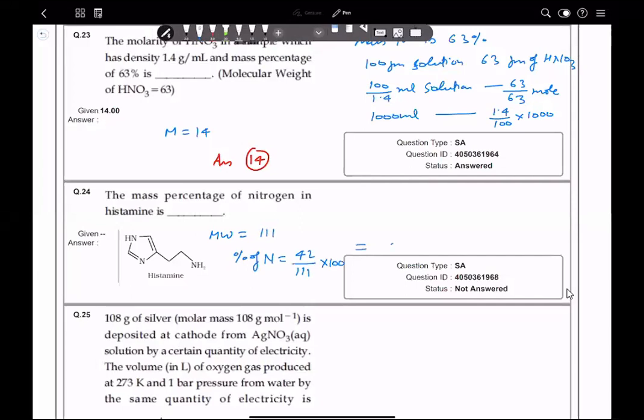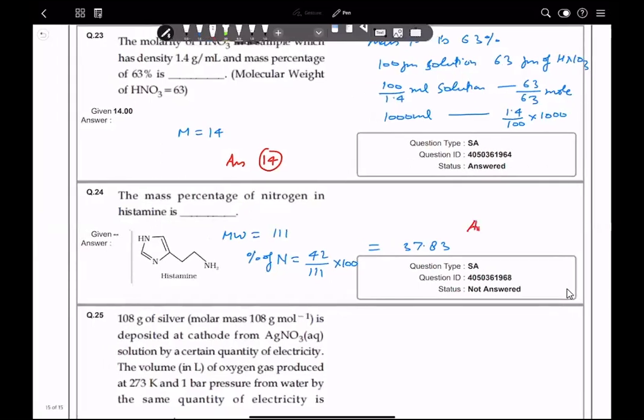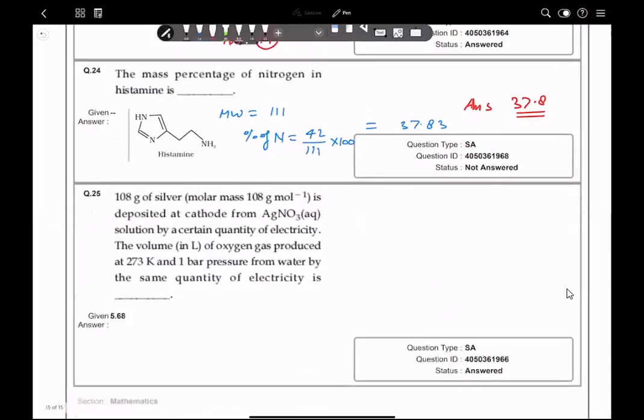To simplify, it comes out to be 37.8283. So the expected answer is 37.8 onwards. You may write its rounded off answer as 37.8.